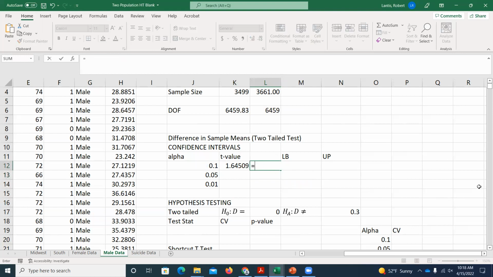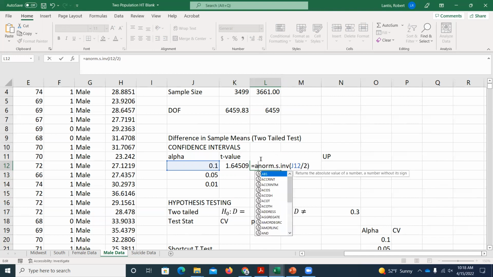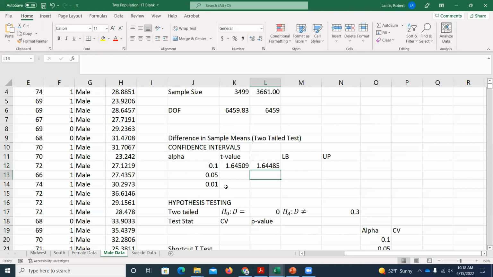Also notice, if I had used that standard normal distribution, which I shouldn't have, because my sample size is so large, if we go back, it's been a while now, but I said that as my sample size gets higher and higher, the student t distribution gets closer and closer to that standard normal. So with like 6,000 as my degrees of freedom, it's going to be a really close approximation if I use that standard normal.